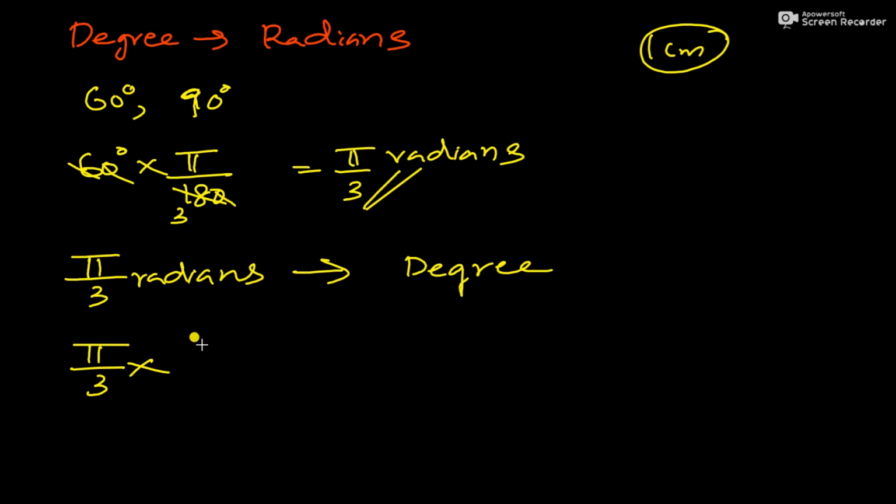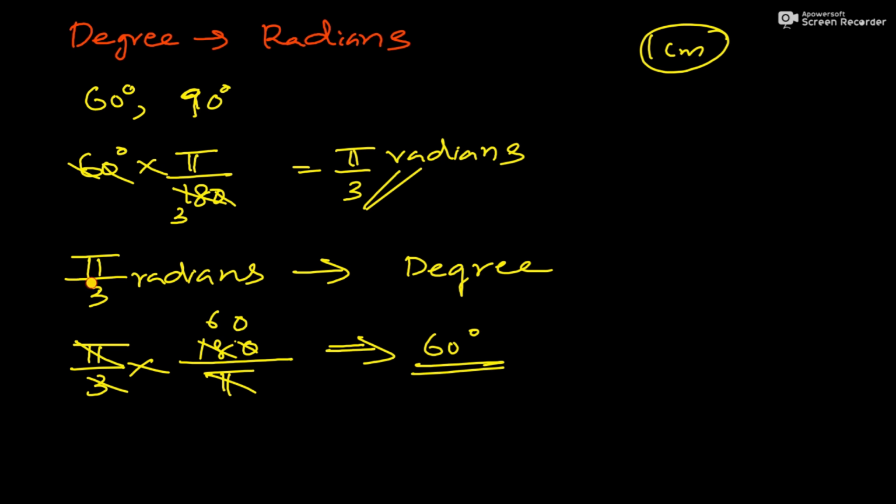All you need to do is just multiply it by 180 by pi. So this pi and pi is going to cancel, and 3 is going to cancel with 18 by 6 into 3, right? I mean 6 into 3 is 18, right? So you'll get 60 degree. So pi by 3 radians is 60 degree.